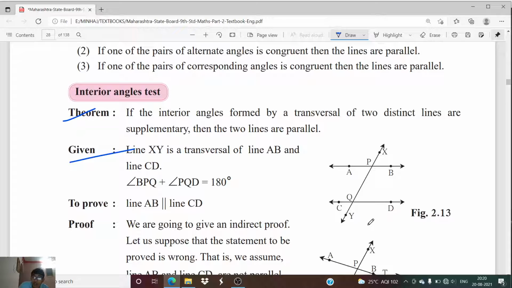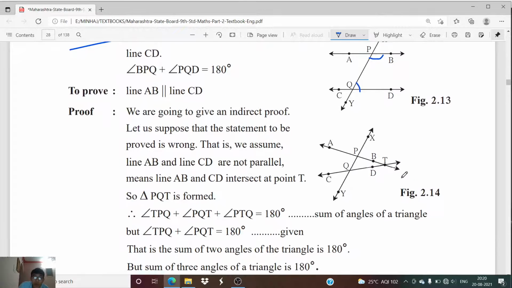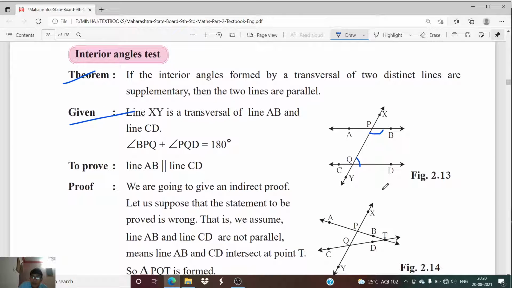And what is the given data? That interior angles are supplementary. So angle BPQ plus angle PQD, the sum of these interior angles, is 180 degree. So we have to prove that AB is parallel to CD.